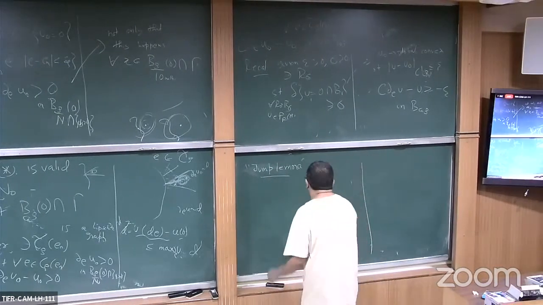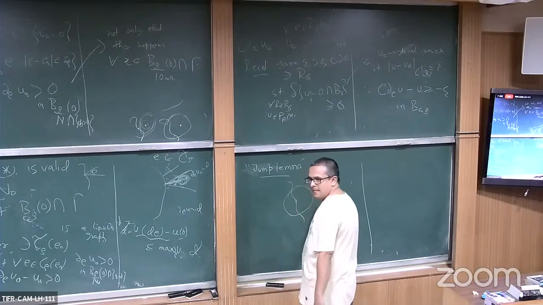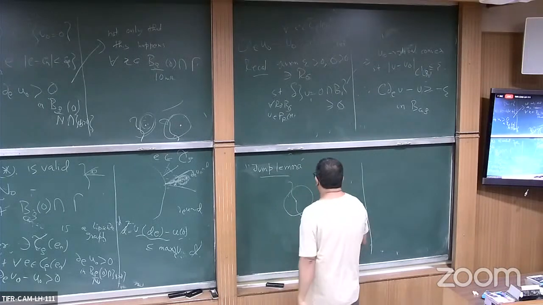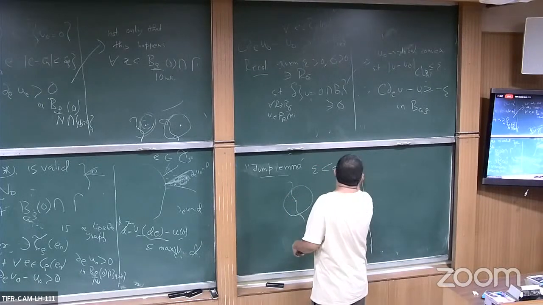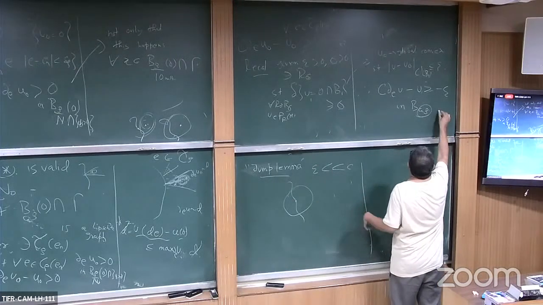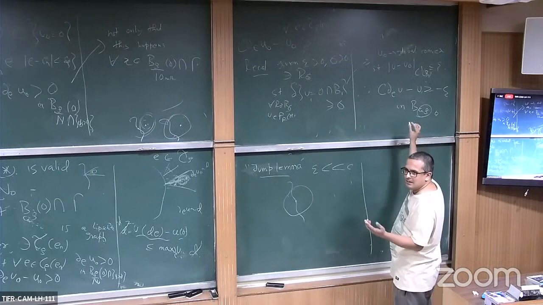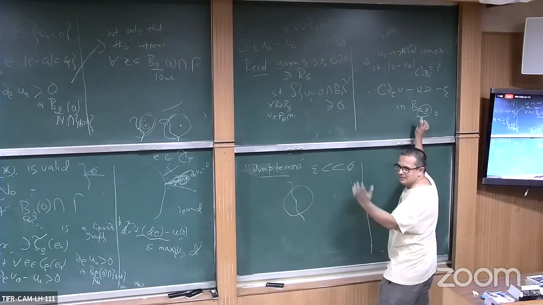So here is my U, and here is this 0, and here is this ball of 0. Now the claim is that if this epsilon that I have over there is very small compared to this rho, Cn rho, so let's call it by another name, say sigma. Who cares, right? Because rho came from sigma, so this is like another.